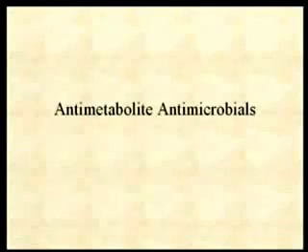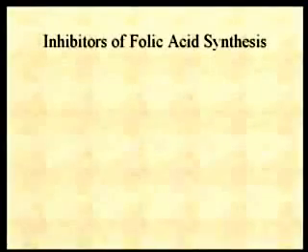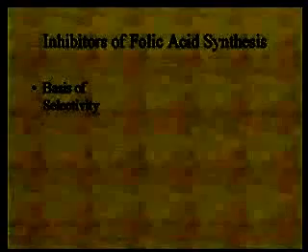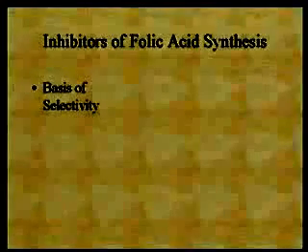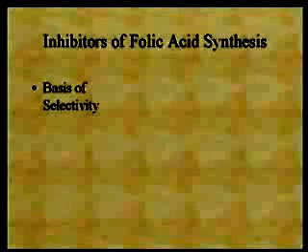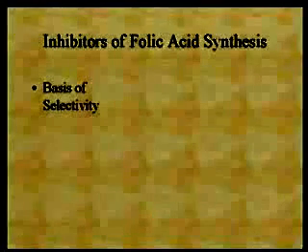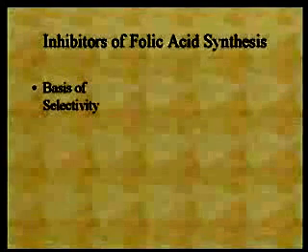There are a few antibiotics that actually inhibit one step in intermediary metabolism. And those are the ones we want to discuss next. All of these antibiotics that fall into this class are actually inhibitors of folic acid biosynthesis. So what's the basis of selectivity? Why are these antibiotics useful? Bacteria make folic acid, and ultimately what they're trying to make is tetrahydrofolic acid.